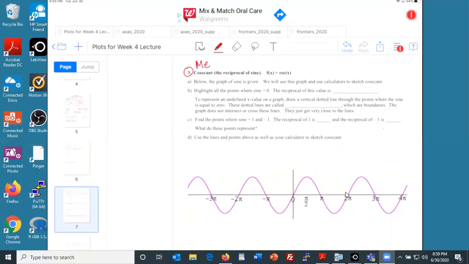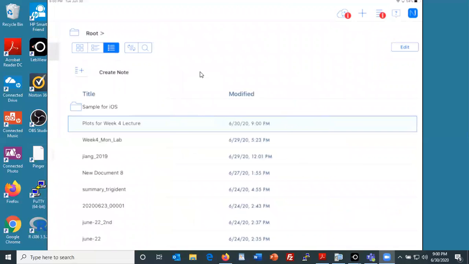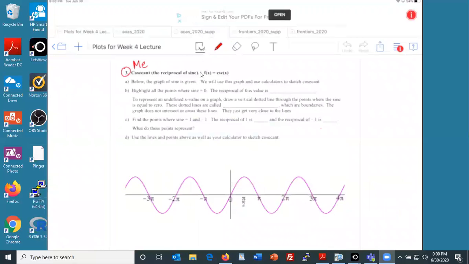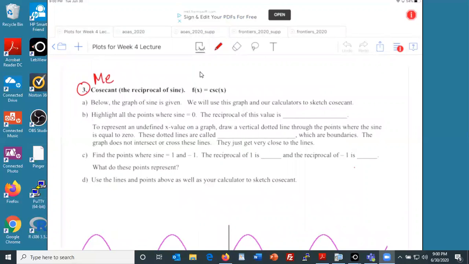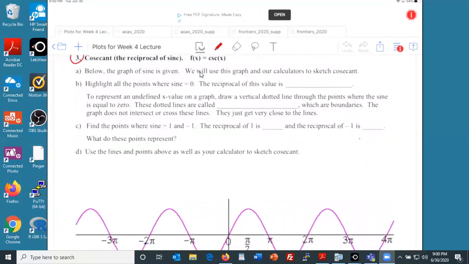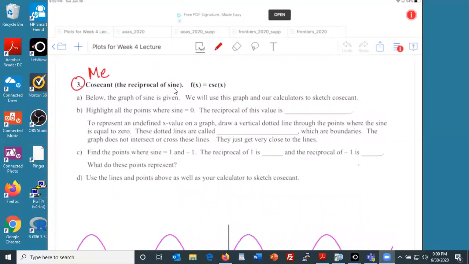And what we're going to be doing is graphing the cosecant function. So we're going to be plotting together the cosecant function. And remember, the cosecant function is the reciprocal of sine. So it's really helpful to have the graph of sine available, because if you draw cosecant and sine together, you can actually see how they kind of piece together as reciprocals.